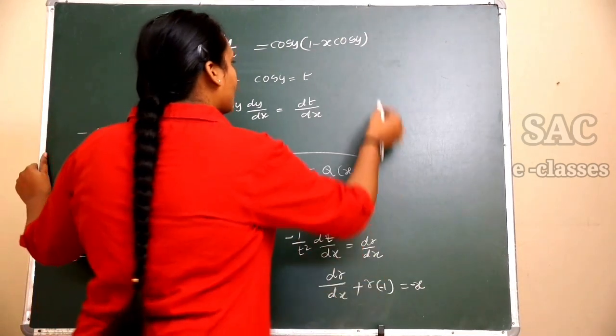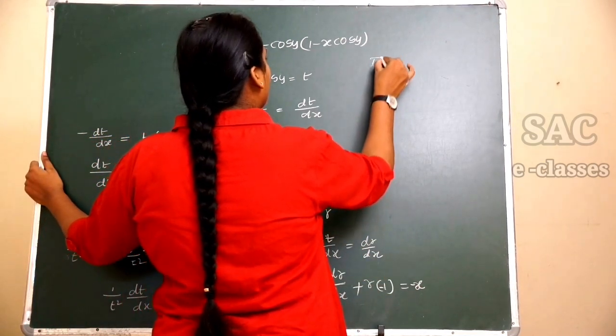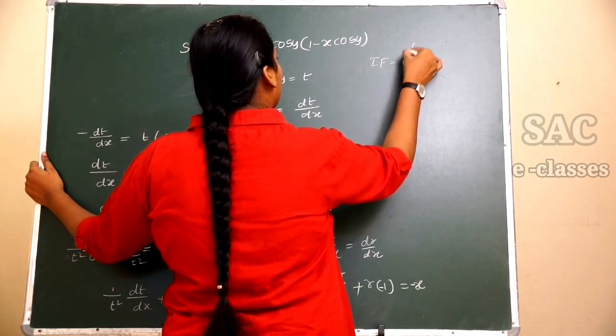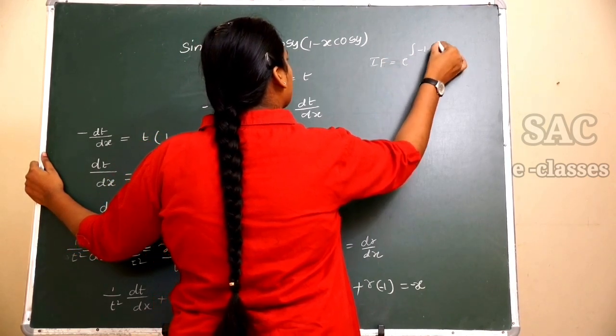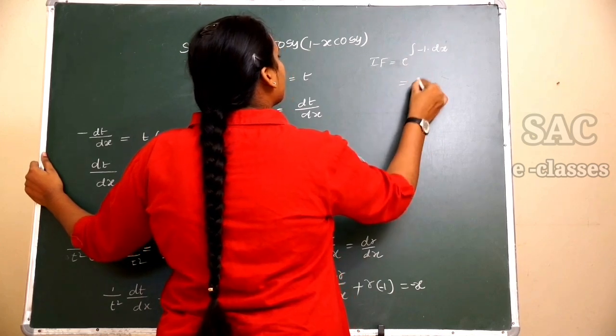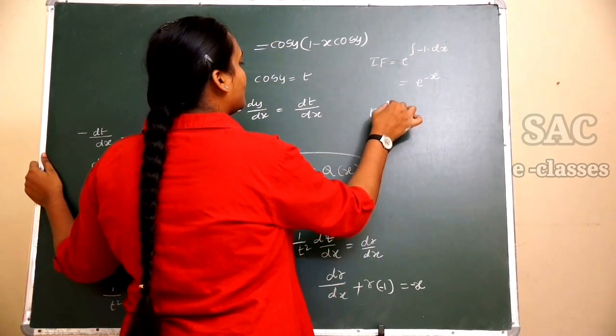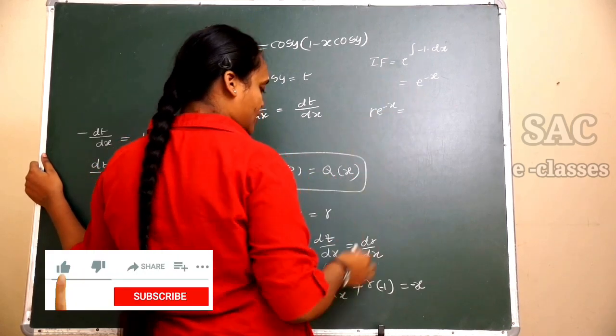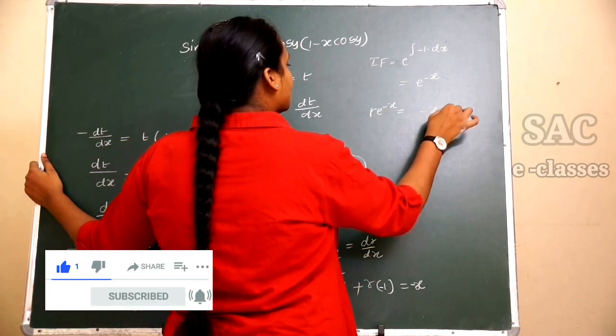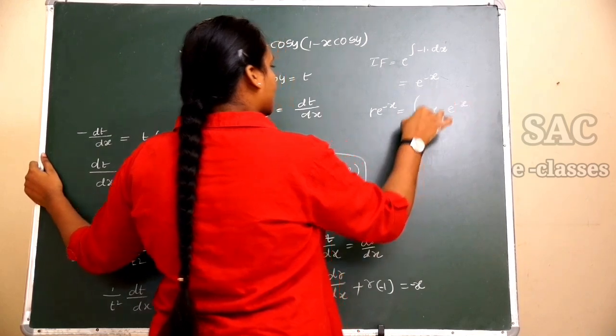Now the integrating factor. IF is equal to e power integration of minus 1 dx. So e power minus x is the integrating factor. R into e power minus x equal to minus x into e power minus x.